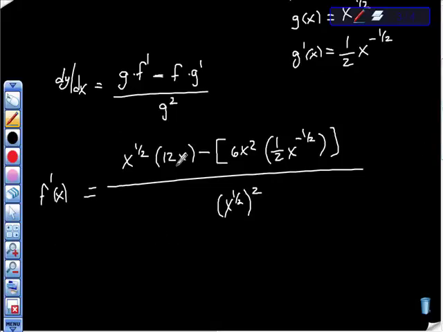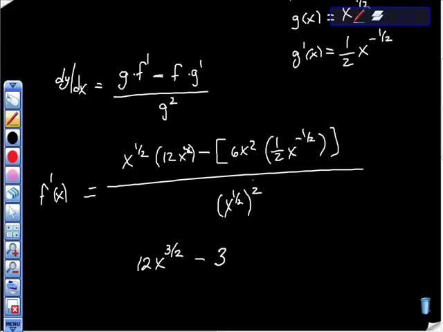You have to think about this for a second, because this is x to the first, so it's x to the 2/2. Remember, when we multiply like bases, we add their exponents. So we'll get 12x to the 3/2 power, minus, and then we get half of 6, right? 6 times 1/2 is 3.